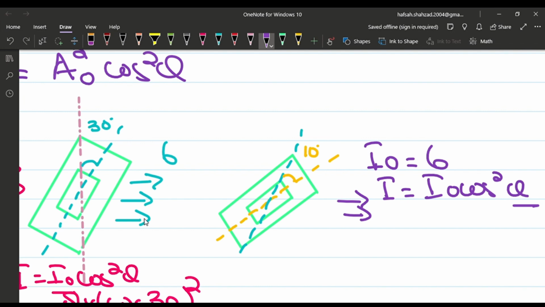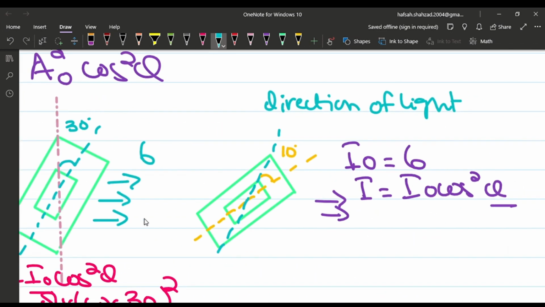So this blue one is the direction of light, and the yellow one is the transmission axis of this polarizer number 3. I'm assuming polarizer number 3 has the transmission axis represented by the yellow line. So the angle between the direction of light that came off from polarizer number 2 and the transmission axis of polarizer number 3 is 10 degrees.